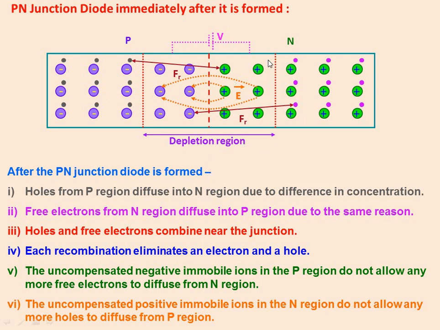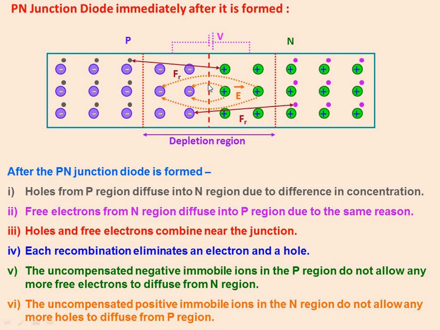So first let's start from this entire PN junction diode. We have already understood how a PN junction diode will form, because when we consider a semiconducting crystal, when we dope with P type impurity from one side and N type impurity from another side, the resulting structure is nothing but we call it as PN junction diode. So now near the junction, in this region, this dotted line is nothing but the junction.